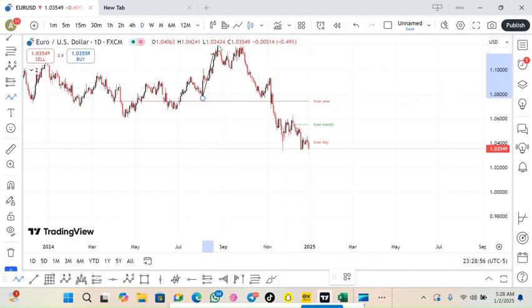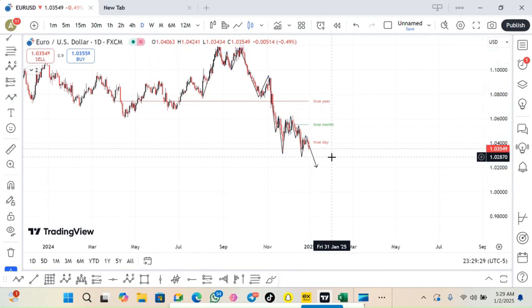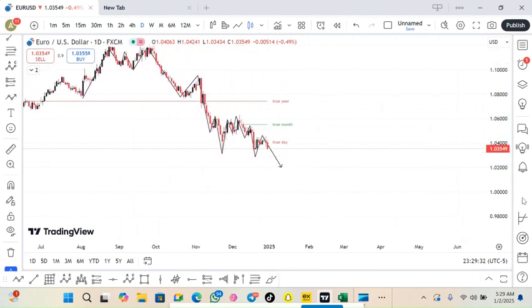You can see this is where daily shifted, came back to premium, break of structure through the year open, then again break of structure again, then it's down here making a retest. It has already done the retest.